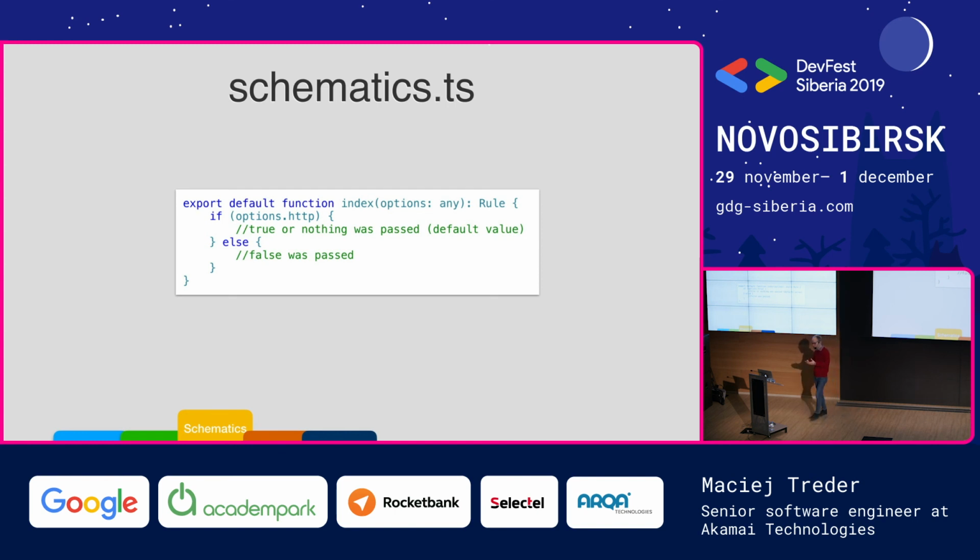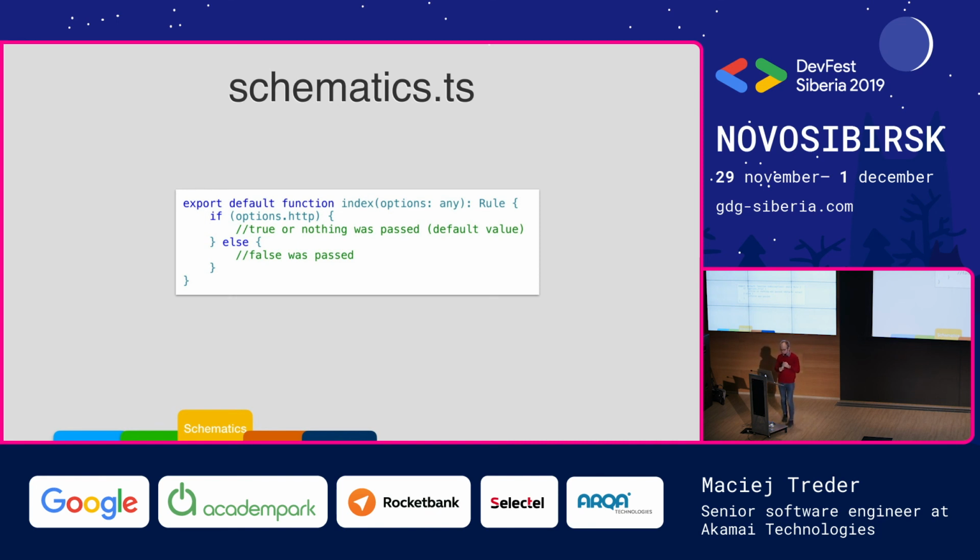That schematics, just to recognize, is that first field from the collection.json, which is a pointer to the file where we store the factual schematics. So now I can decide if you, my user, decided to have something, do that. If not, do that.